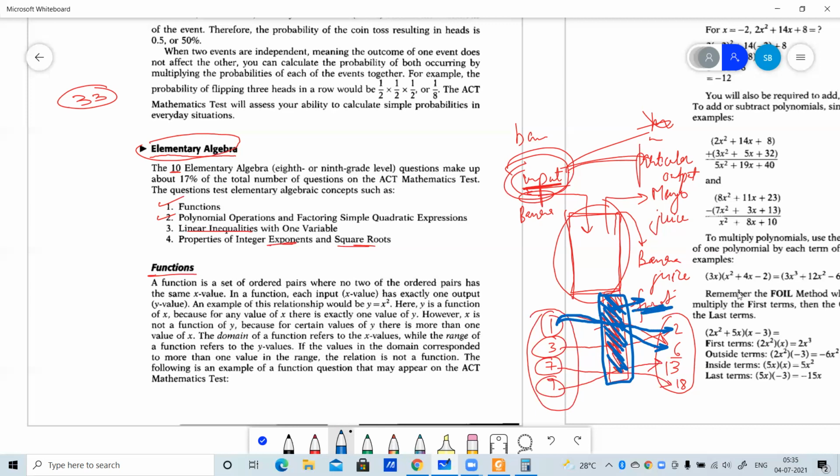But you don't have to remember the relations and everything. You have to remember just one thing, which one has to be a function and which one cannot be a function. If one input is going to give you 2 outputs, then that is not a function. And if one input is going to give you only 1 output, then that is a function.